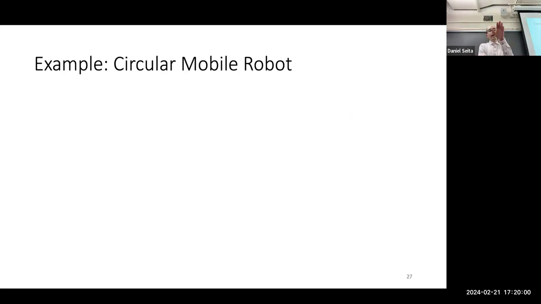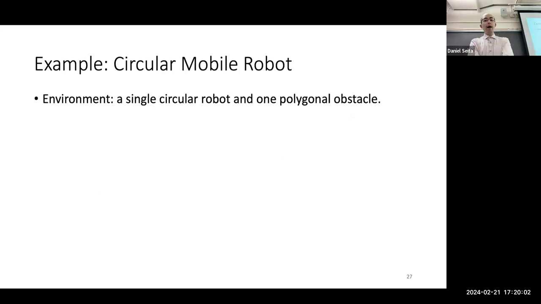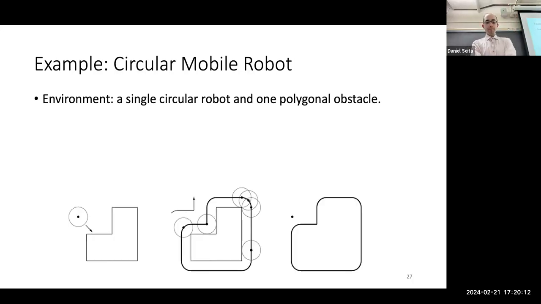So if you look at this example, a circular mobile robot, imagine we have that single robot and one polygonal obstacle. So that's what we have here. We have our single robot, and then the obstacle is over here. Now, what do you think is happening here?